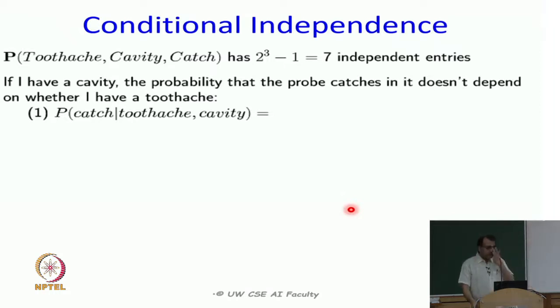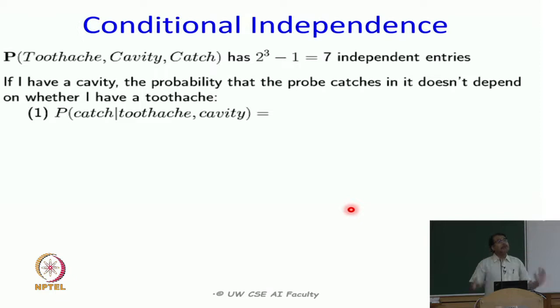Now, intuitively, what does whether you can catch or not depend on? It depends on whether there are microbes or not in your system, and that depends on whether you have cavity or not. In fact, cavity is the cause, and then we have two symptoms or two ways to find it. One is whether you have toothache, one is whether the probe catches.